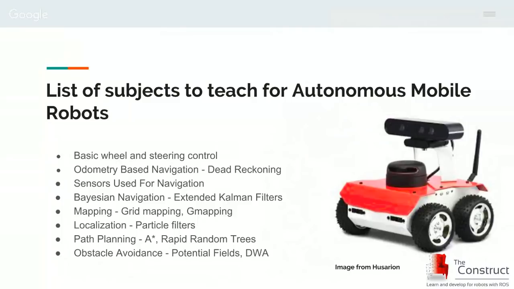Then we move into variation navigation, and I talk about extended Kalman filters. Then we move to the different steps for making a robot navigate: mapping, localization, path planning, and obstacle avoidance. And in every one of them I explain just a couple of algorithms.